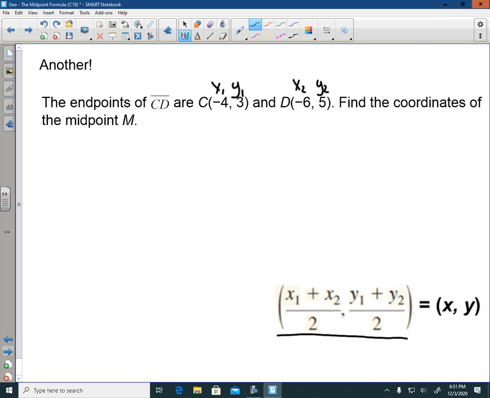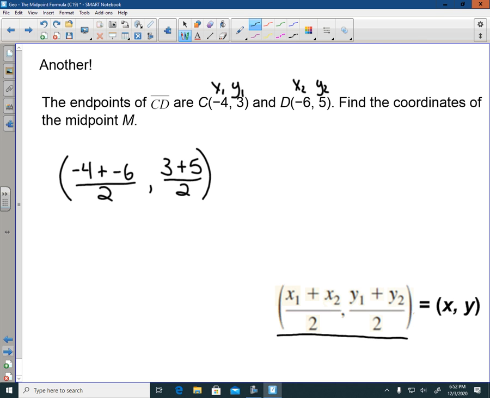x1 is, let's see, let's start with our parentheses. x1 is -4. To that we're going to add x2, which is -6 over 2, comma, and now our y values, y1 is 3, plus y2, which is 5, over 2, end parentheses.